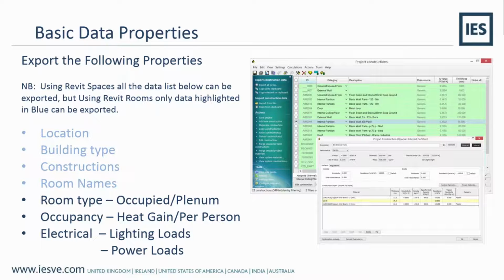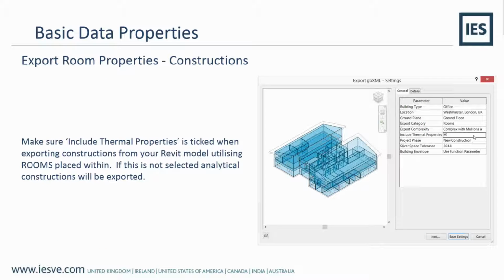And if you move on to Revit Spaces, you can add in all the rest there, which I'll touch on again. So if you're using Revit Rooms, on the export option, make sure that the include thermal properties option is ticked to make that process work. Then you'll be able to extract that data from your Revit model direct.